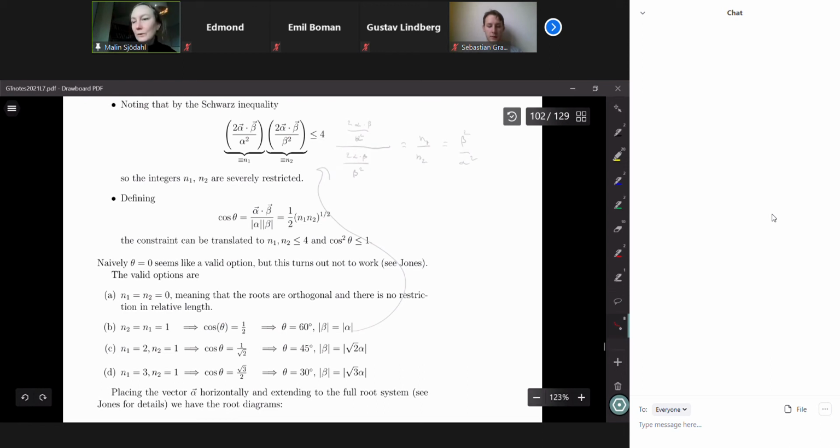So of course here most stuff cancels, alpha dot beta cancels, and what remains is beta squared from over here, and alpha squared from over here. So I have then that n1 over n2 is beta squared over alpha squared.